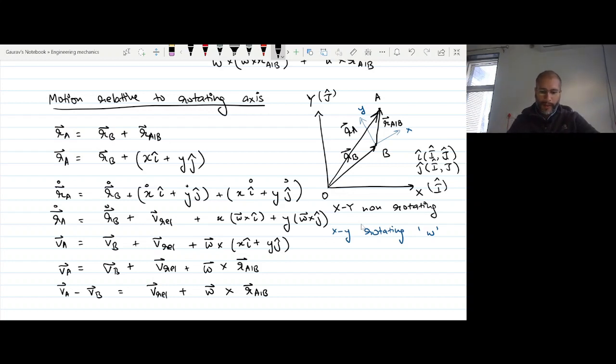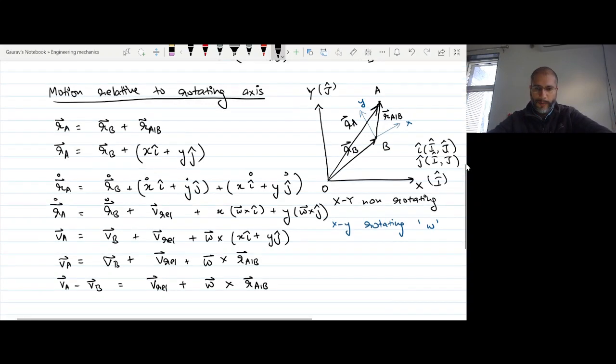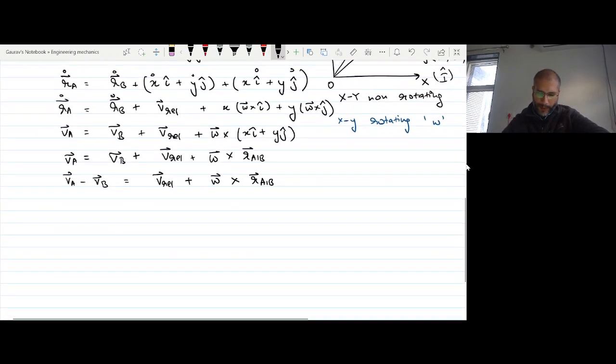So in fact there is a general expression for vectors seen from one axis or the other.